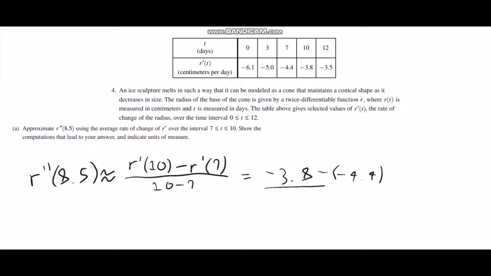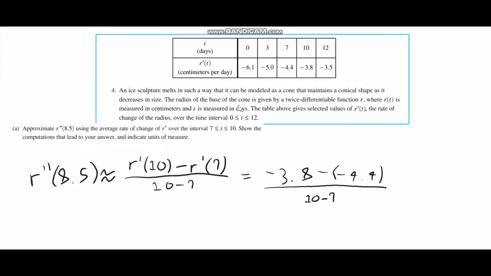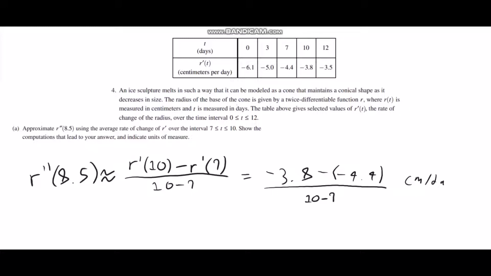And we still divide that by 10 minus 7. For the last thing, we have to indicate units of measure. At the top here, we have centimeters per day, and then we're dividing it by days. So that's centimeters per day per day. I'll write it like this: centimeters per day per day.